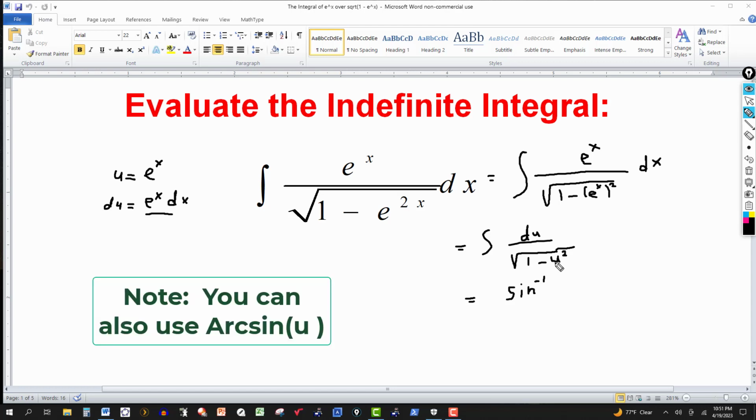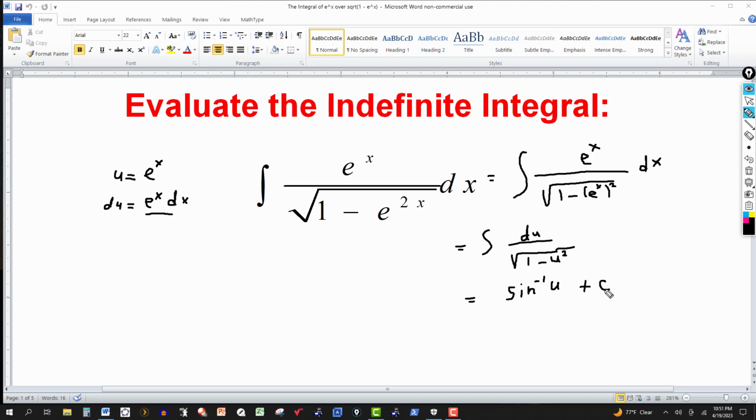In this case, obviously I have u there, and a squared would be 1 squared, so a would be 1, so u over 1 is u, plus the constant of integration. Then you just go back to the original variable. So this is sine inverse, another name for it is arc sine, of u, but u is e to the x. So I got sine inverse of e to the x plus a constant of integration.